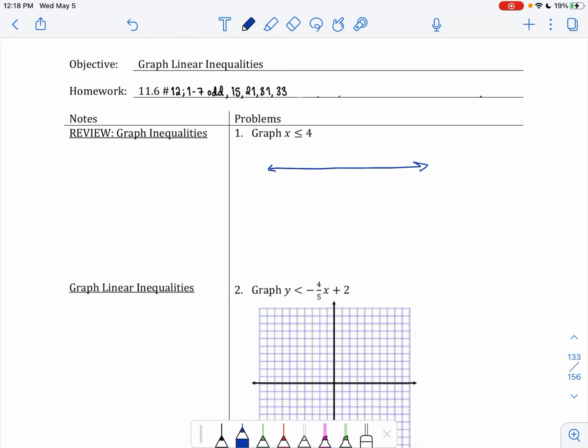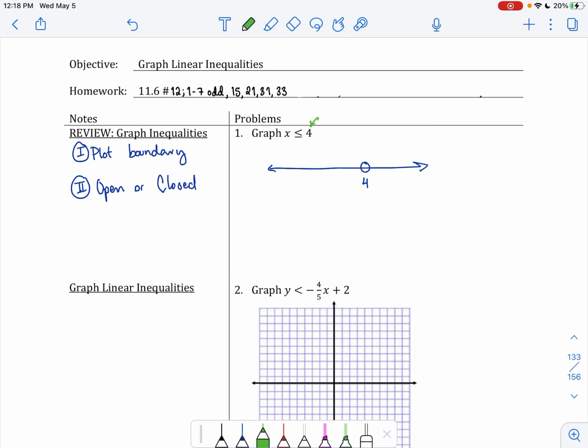And what we always start with is that we plot what I think of as the boundary. That's this number here. This is the boundary. And we'll plot it on our number line, in this case, 4. And then we have to decide if that boundary is open or closed.